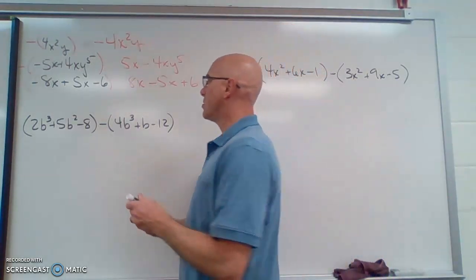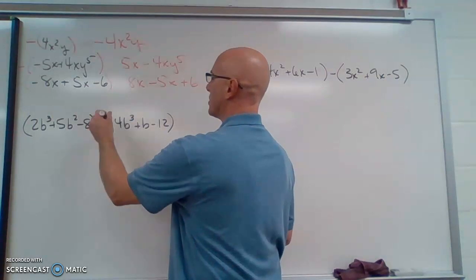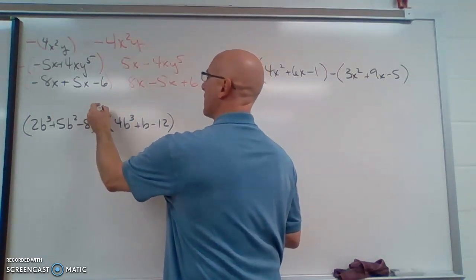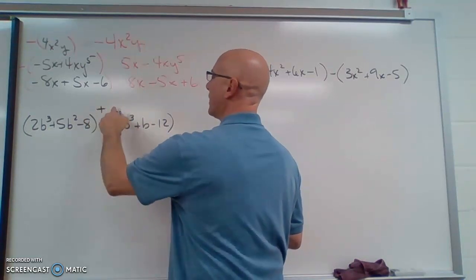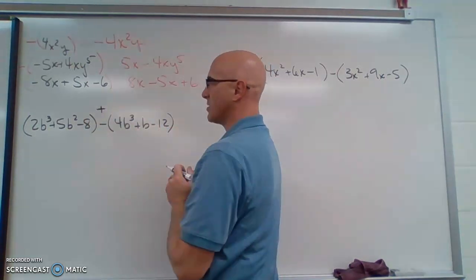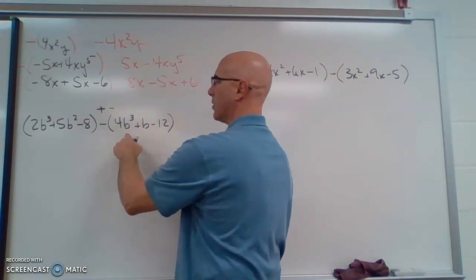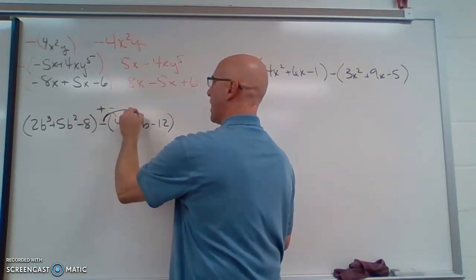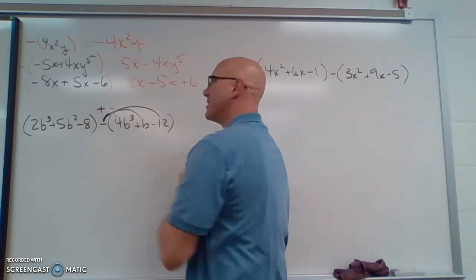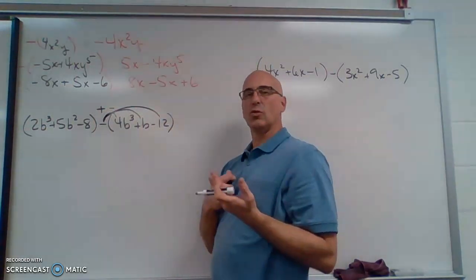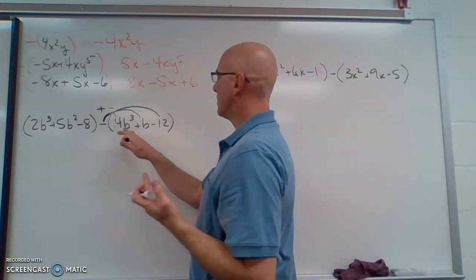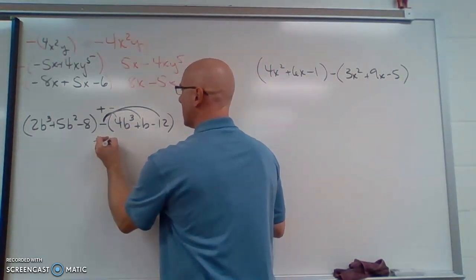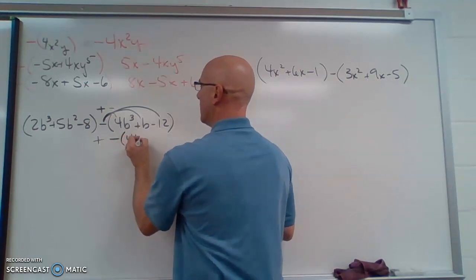So when we see a subtraction, we are going to add the opposite of this polynomial. That means essentially this minus sign is going to distribute into that polynomial. So we are really adding the opposite of this.